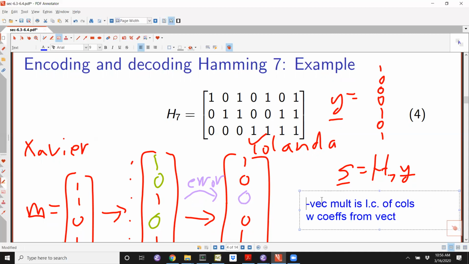Sorry, I keep saying row vector multiplication. It's actually matrix-vector multiplication. It is a linear combination of the columns of the matrix with coefficients coming from the vector.